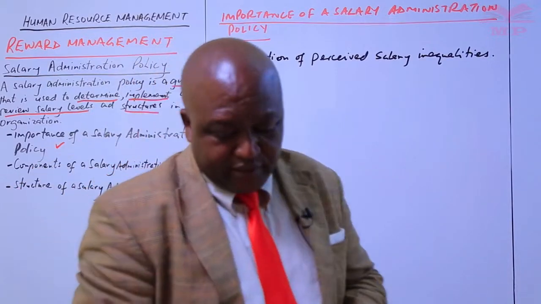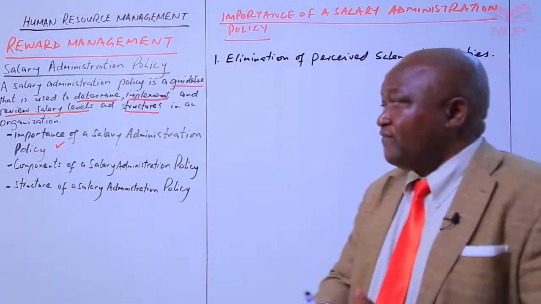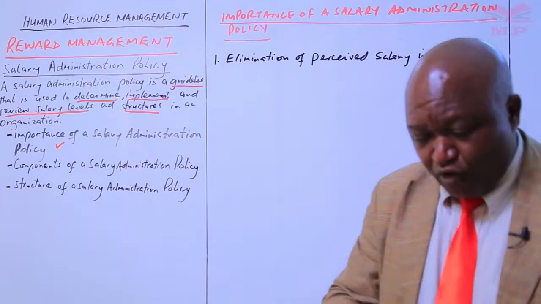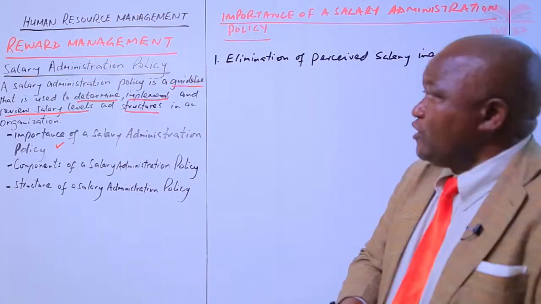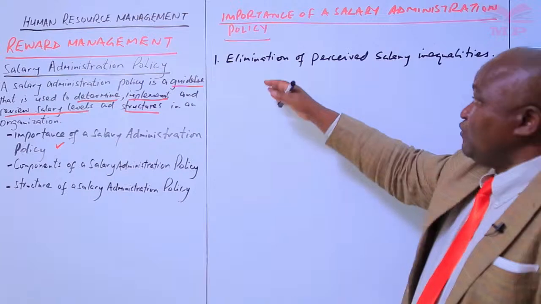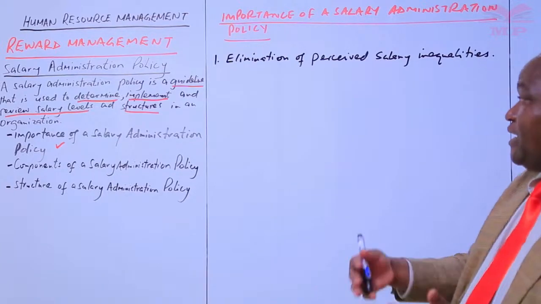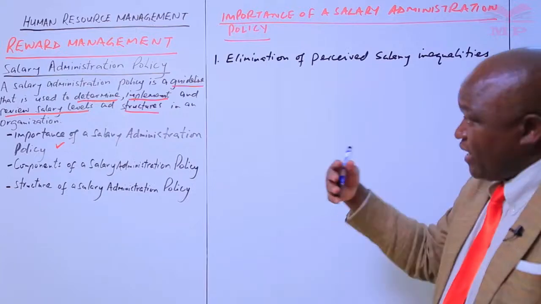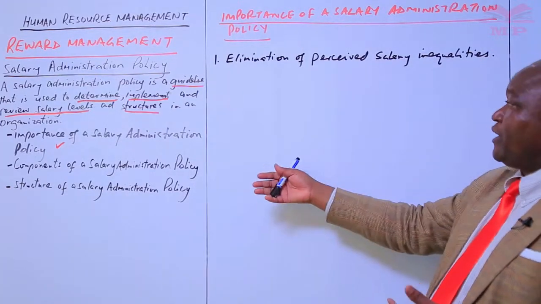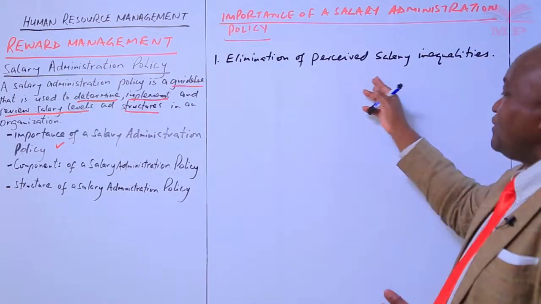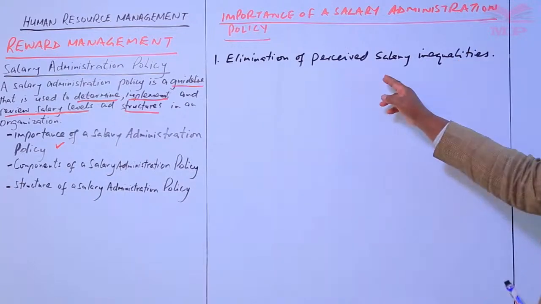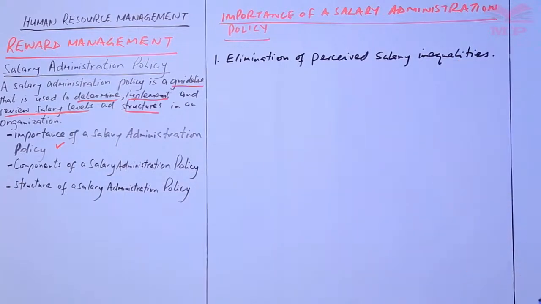Oftentimes, learner, workers have a feeling that maybe they are not being paid commensurate to their efforts. So when you have a guideline, then this guideline will eliminate this perception, and workers can be able to see what is their grade, where are they in the structure, how do they progress. So this becomes a guideline that can help in the elimination of the perception of salary inequalities among staff.